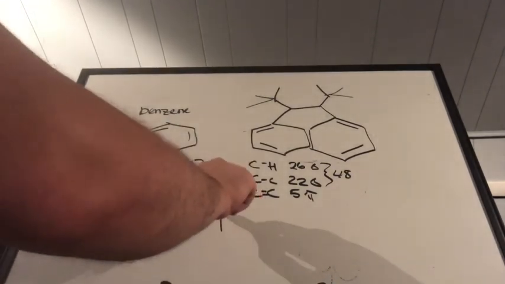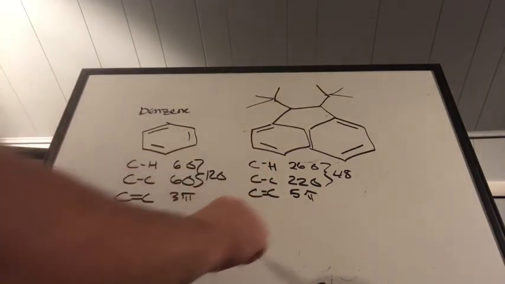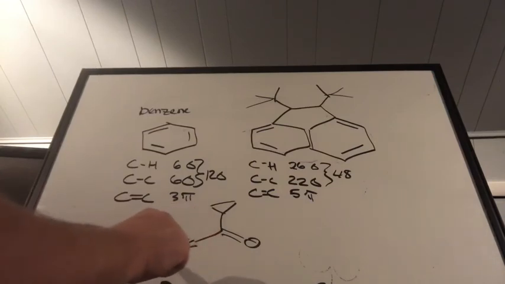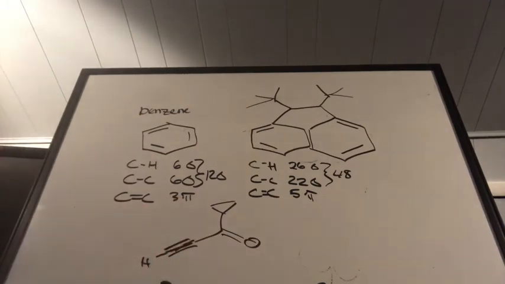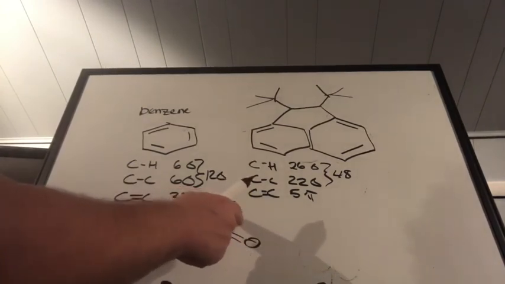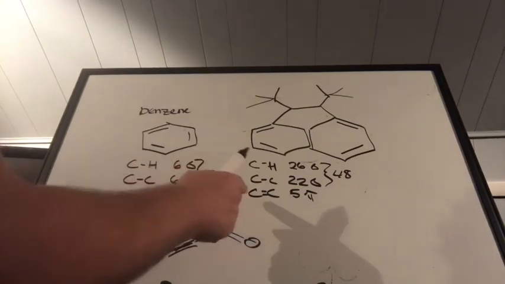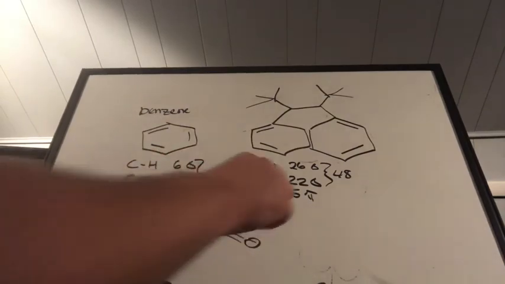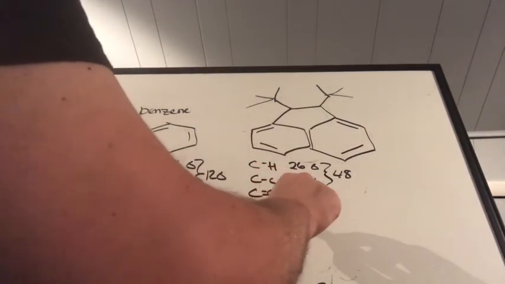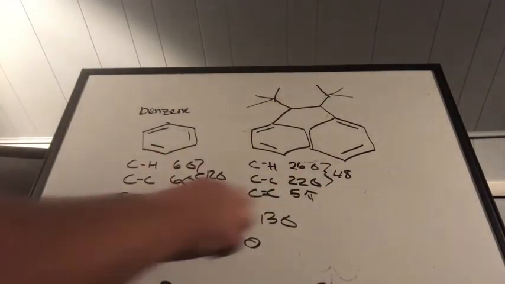And third here, we have a cyclopropyl group, this ketone here, and we're going to have a terminal alkyne. Okay, so let's count all the sigma bonds here. We have 1, 2, 3, 4, 5, 6 from one of these hydrogens, 7, 8, 9, 10, 11, 12, 13 sigma bonds, and then 1, 2, 3 pi bonds.